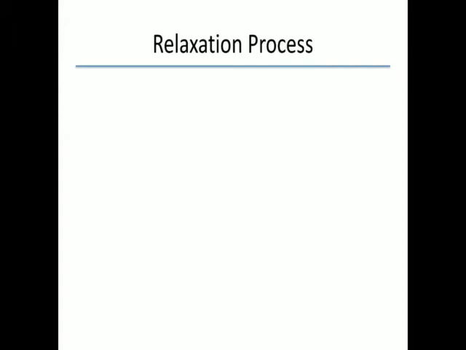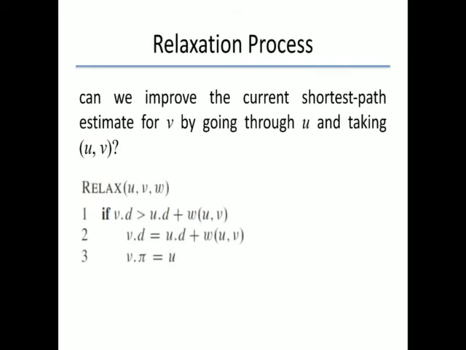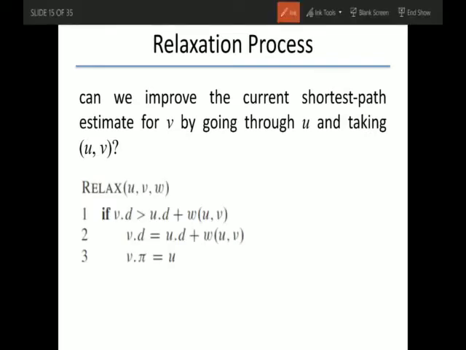And there is a relaxation process also. We have initialized v.d to infinity, but can we improve it? We maintain the attribute v.d, as already discussed. Can we improve the current shortest path estimate, that is the current value v.d, by going through u and taking the edge (u, v)? The relaxation process checks if there is an edge from u to v.